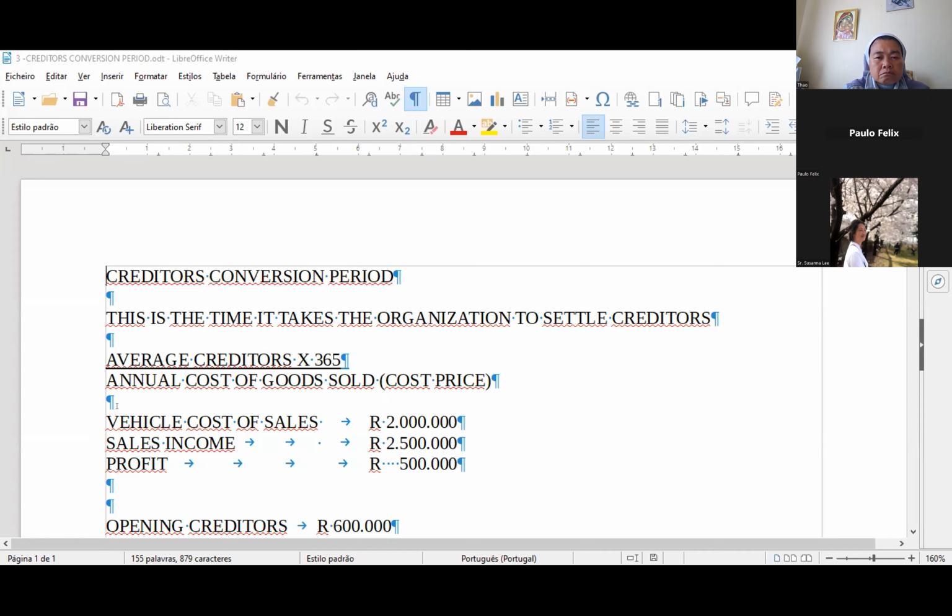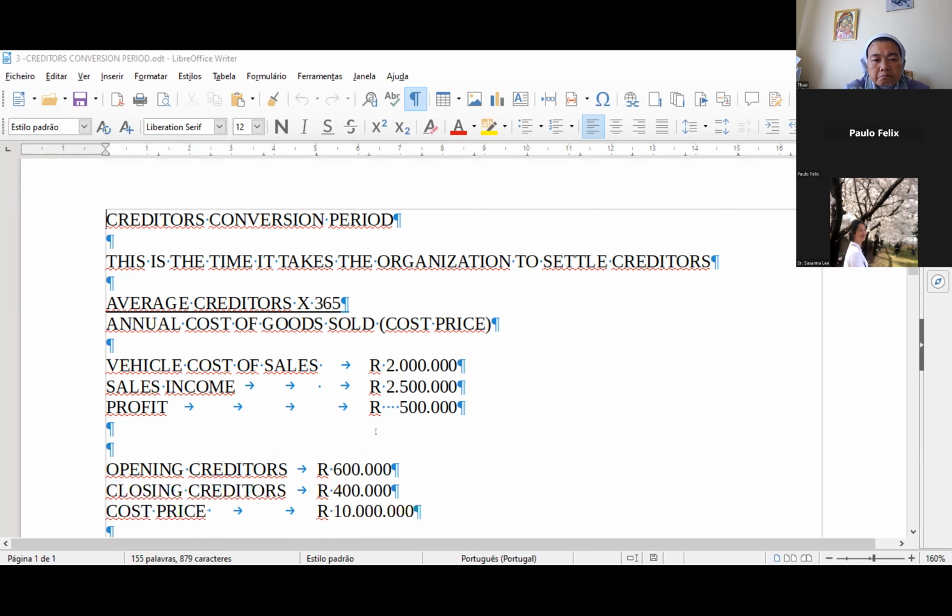For example, imagine that you bought a vehicle that cost 2 million and then had sales income of 2,500,000. So the profit was 500,000.